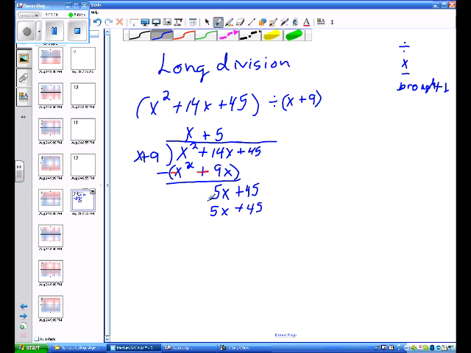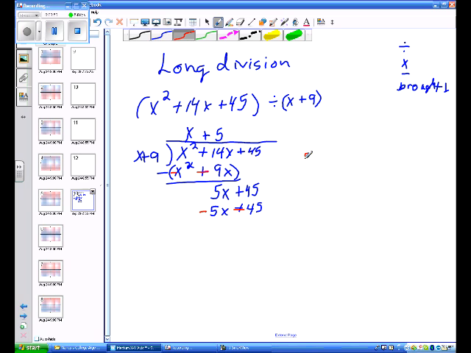Now, I'm not going to put the parentheses here, but this is understood to be in parentheses. When we subtract and we remove our parentheses, then we have to multiply by a negative. So that would be a negative 5x and a negative 45.